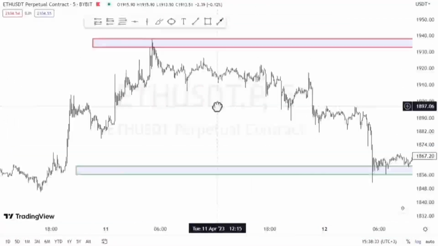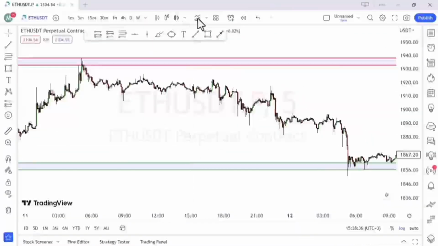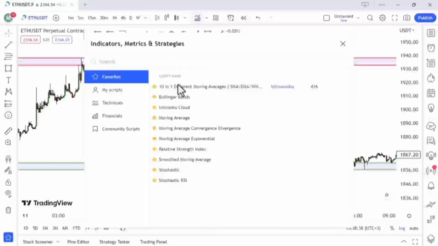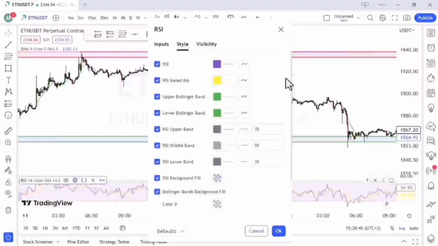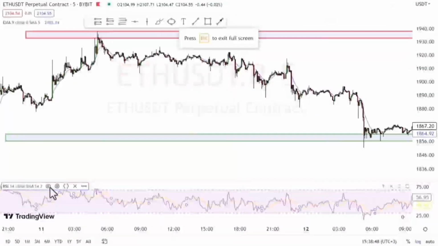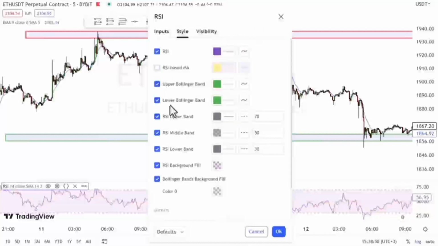Then I want to add two indicators to the chart: one EMA and RSI. Let me, just like before, change everything that I want. So I go to the RSI settings and remove the middle band. It's a good practice after a couple of videos to remove everything about the middle band. We don't need it.